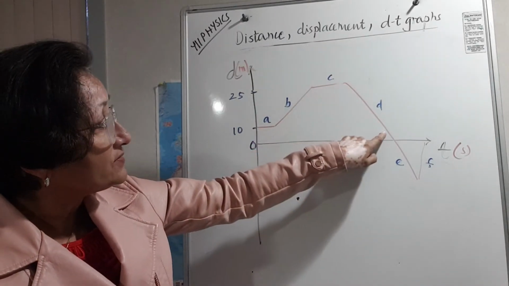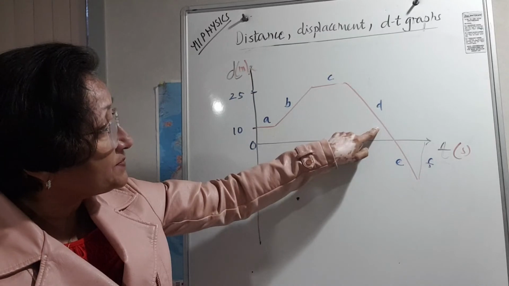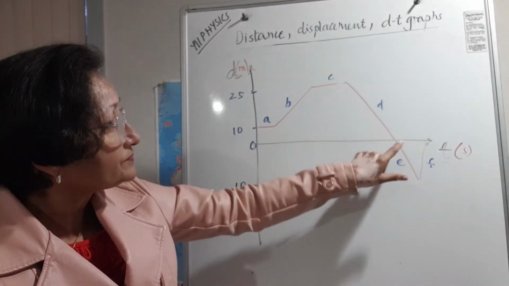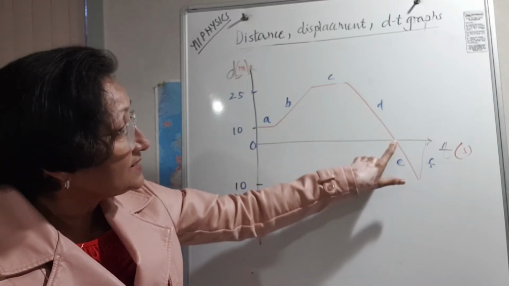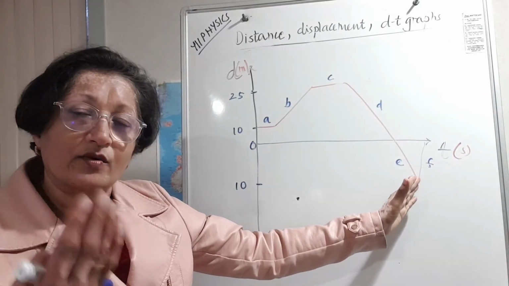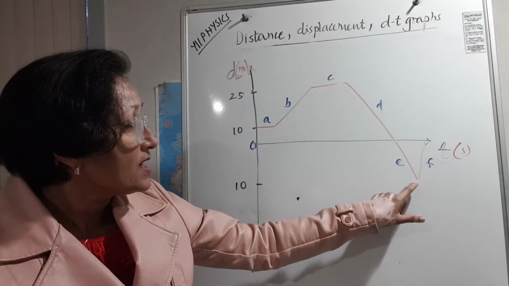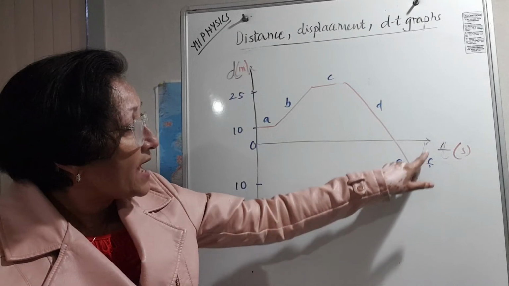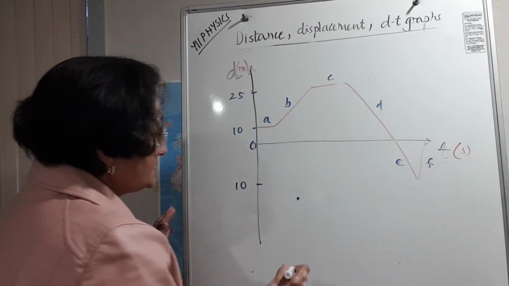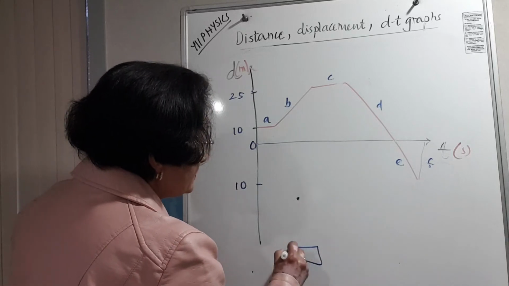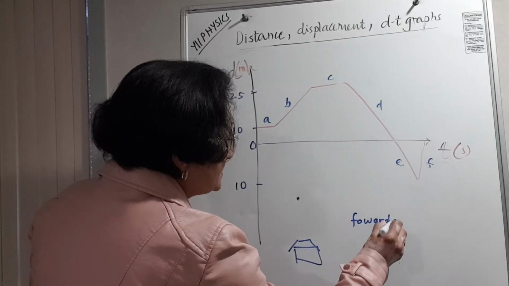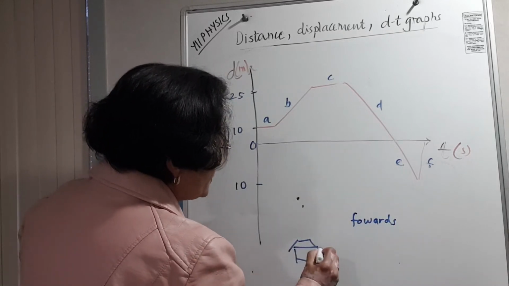Now, D represents constant speed, but it's coming down, so it's going back. Okay? And E is still constant speed going back, but you've gone beyond your home. It's like the example I showed you before, and then you've turned around and then you're coming back home. So if this is your home and anything this side is forwards, okay, so you're going from home.